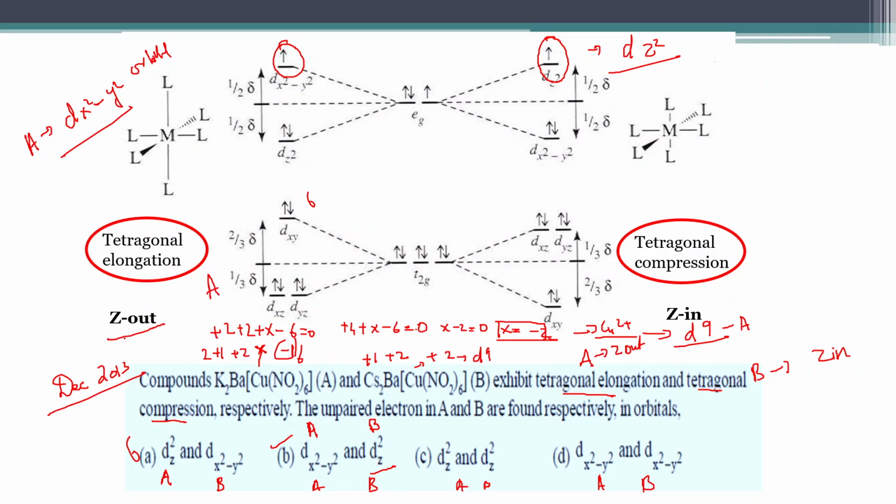So you have to learn the splitting of z out and z in thoroughly, so that you can answer this question smoothly. Questions of this type are asked in all the competitive examinations.